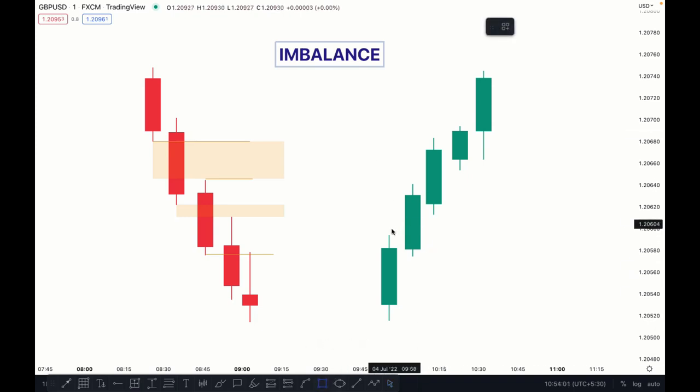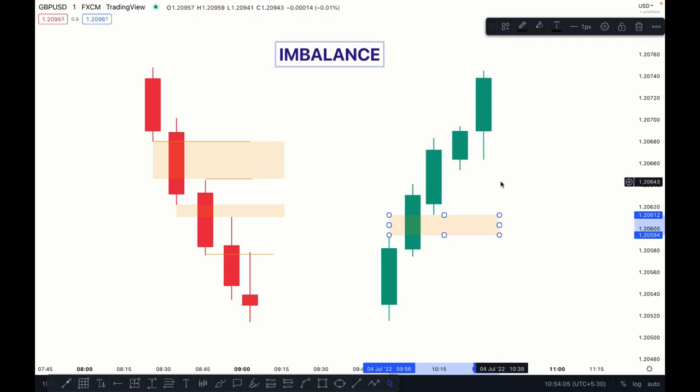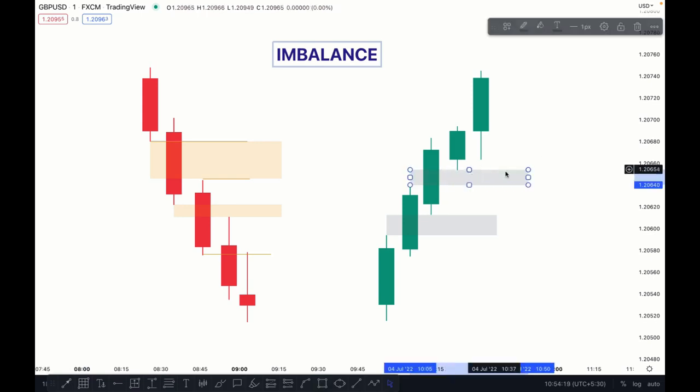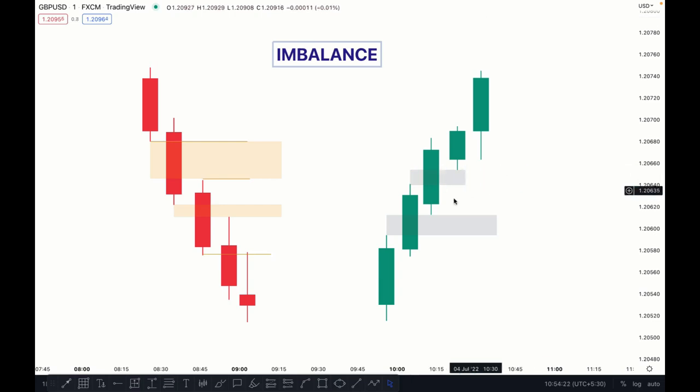As you can see here, this high is here and low is here, so between this high and low, this one is called imbalance, correct? And next is this candle's high and the next candle's low is here, so this one is also called imbalance, right? And this imbalance can be different in size, like this.